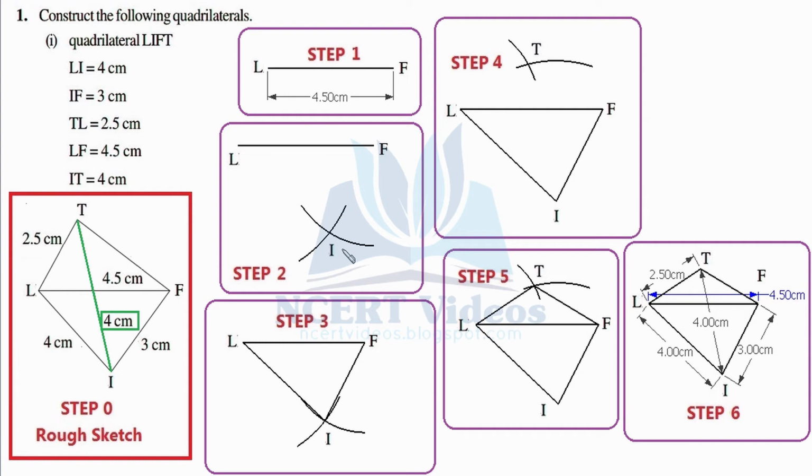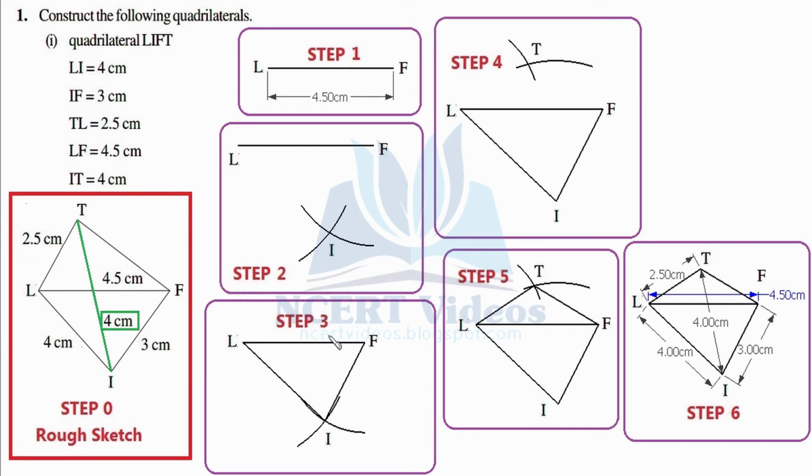Then only we are able to locate any given point, in this case vertex I. So wherever both these arcs intersect, that will be our point I, which will be at a distance of 4 centimeters from vertex L and at a distance of 3 centimeters from vertex F. Pause it and try to construct it on your own.